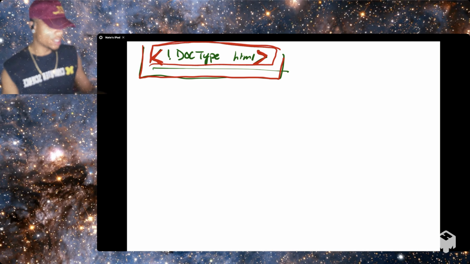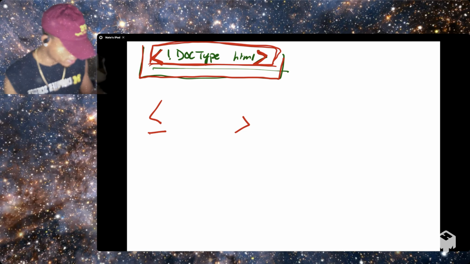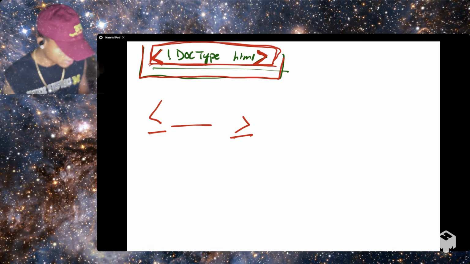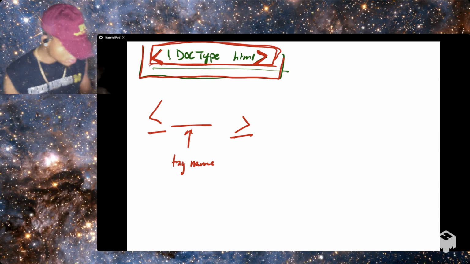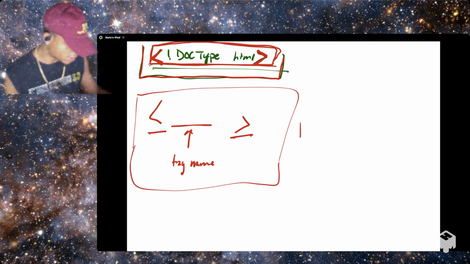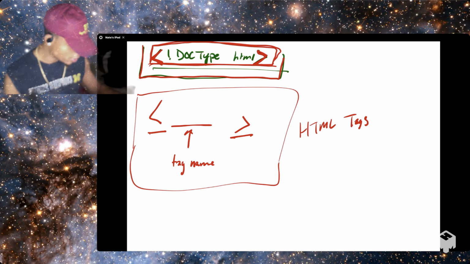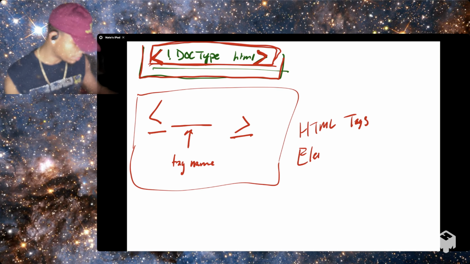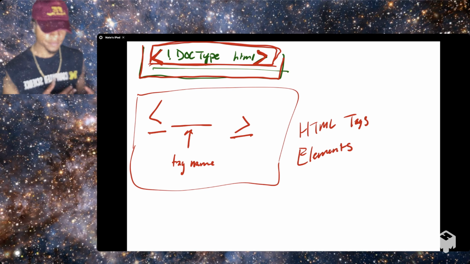An HTML tag is typically made up of a less than sign and a greater than sign, and then typically a tag name. Overall, people call these HTML tags, or we call them HTML elements. Either or. They mean the same thing.